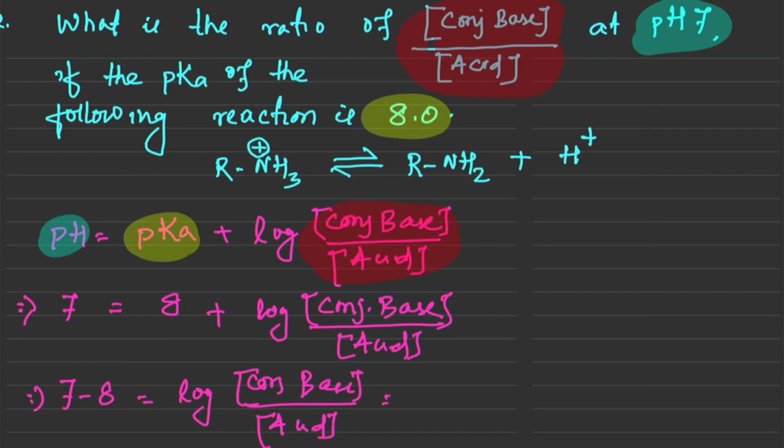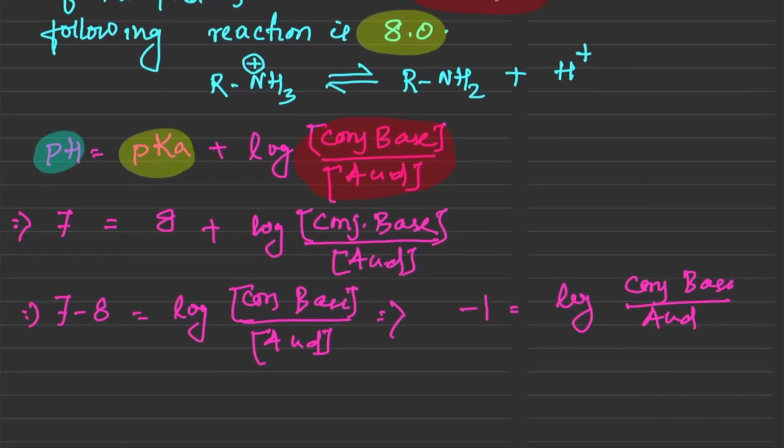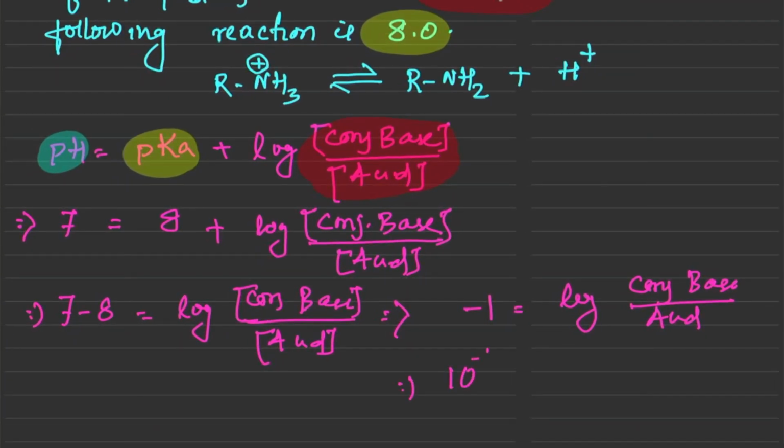So it's -1, which means the ratio is 10 to the power -1.